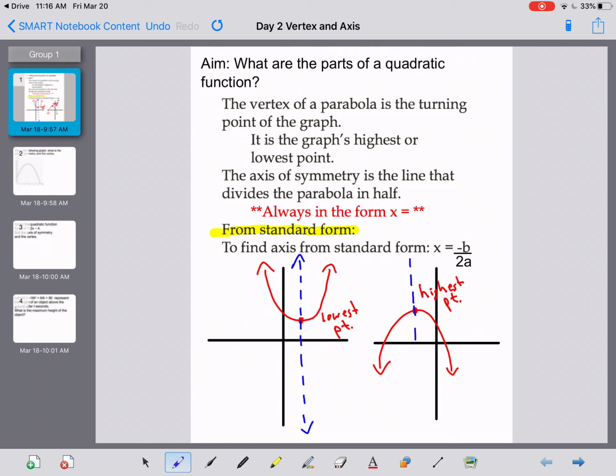In this other parabola, this blue line would be my axis of symmetry because it cuts my parabola in half and it cuts right through my vertex. So both of these lines represent the axis of symmetry for each parabola. So the axis of symmetry will always be x equals some number, and the vertex will always be a point.